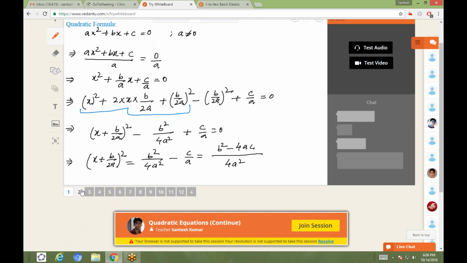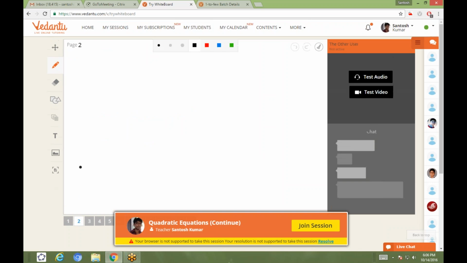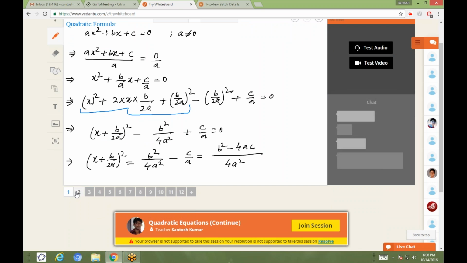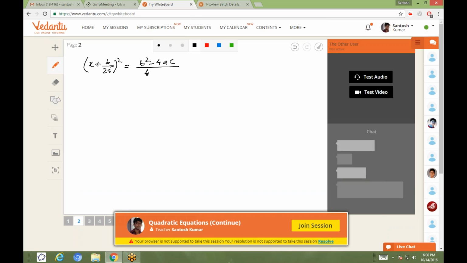Yes, sir. For the next part, as we have x plus b by 2a whole square is equal to b square minus 4ac divided by 4a square. Since we have to solve for x, we have to isolate this x. So for this, what we'll do? We'll just remove this exponent here. In order to remove it, what do we need to do?